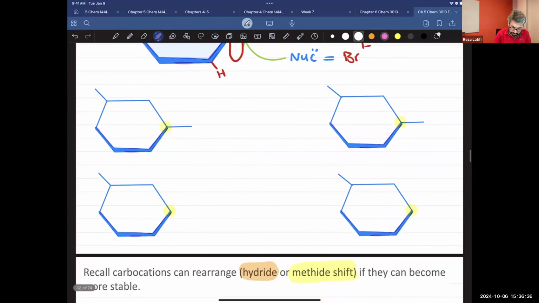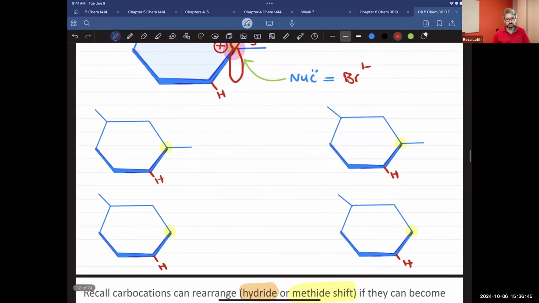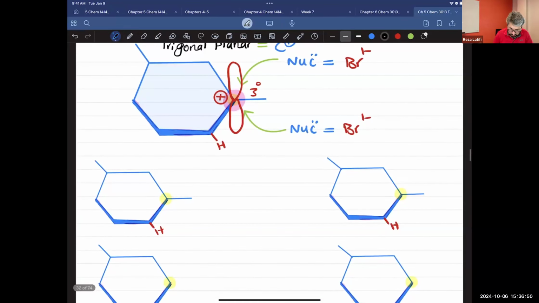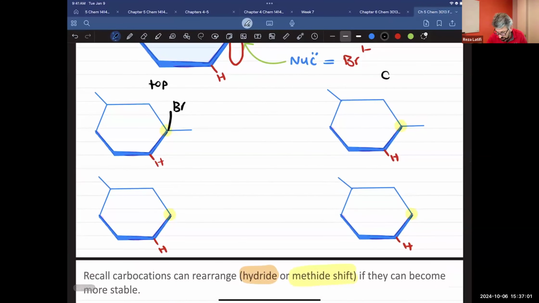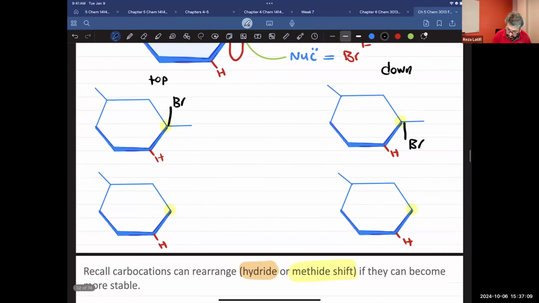And remember, in all this structure, we added the hydrogen here. So I'm going to put the hydrogen there. Now, if I add the nucleophile from the top, that means bromide will be here, correct? And if I add it from the bottom, then bromide is going to be there. Now, let's draw them. We have a carbon here. This carbon is going to be tetrahedral.